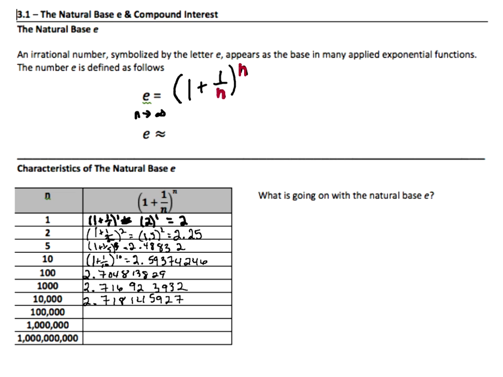So let's see, tenths, hundredths, thousandths, ten-thousandths, hundred-thousandths. And that value is raised to the 100,000th power. And I get 2.712682237.